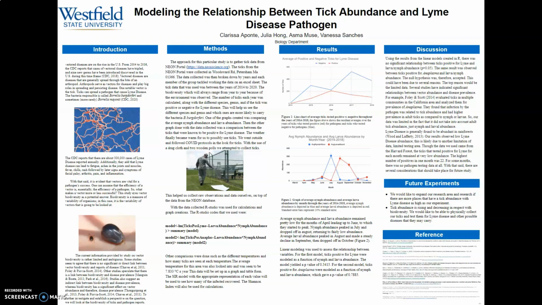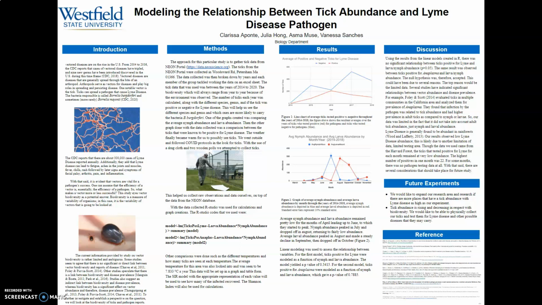To answer our hypothesis, we used data from the NEON portal, which was a collection of different samples from ticks that were collected in Petersham, Massachusetts. We used data that went back as far as 2014 and up to 2020, and we broke it down by year for each group member to tackle.